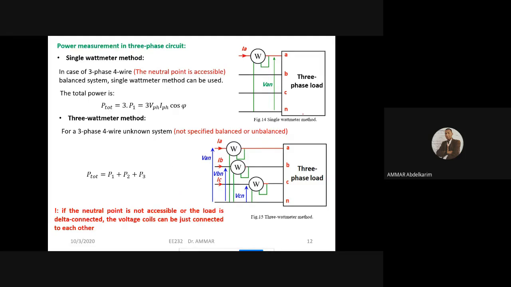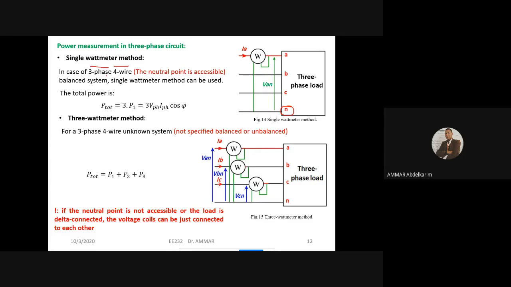So this is the three-phase load, for example. In case of three-phase 4-wire, we can use this method when the neutral is accessible in the system. In a three-phase 4-wire system, the fourth wire is the neutral or the ground.